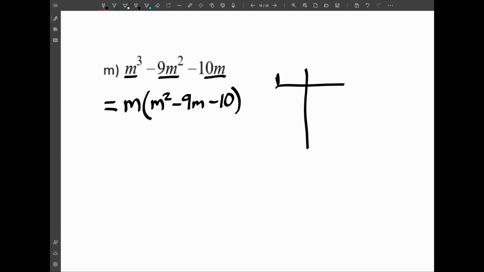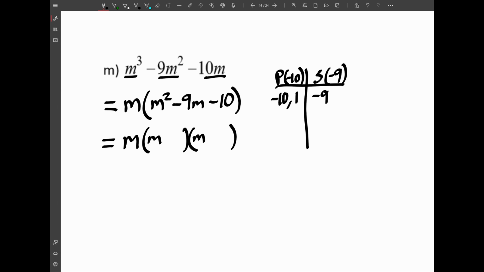So I'm looking for a product of negative 10 and a sum of negative 9. So if I work through that, I have negative 10 and positive 1. That will give me a sum of negative 9 and a product of negative 10. M, bracket, bracket, bracket, bracket, m, m. And then I have minus 10 and positive 1.